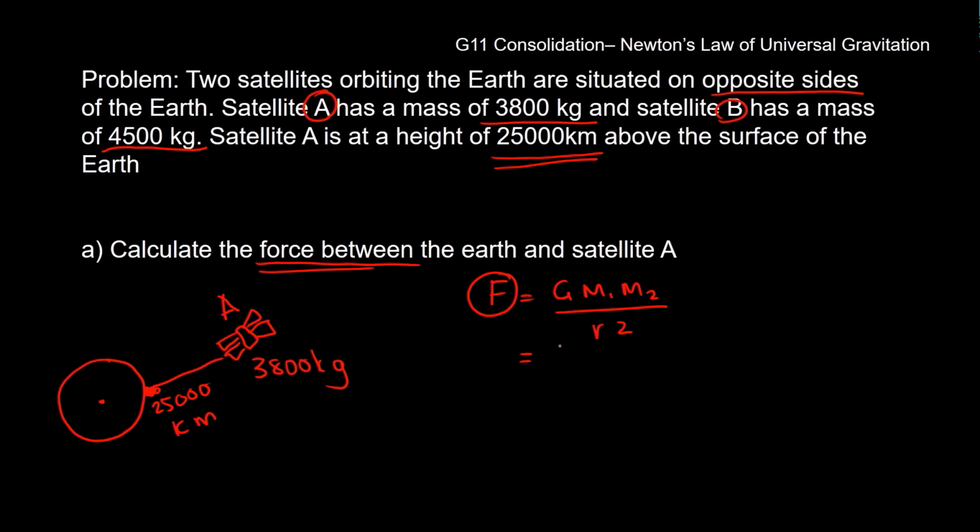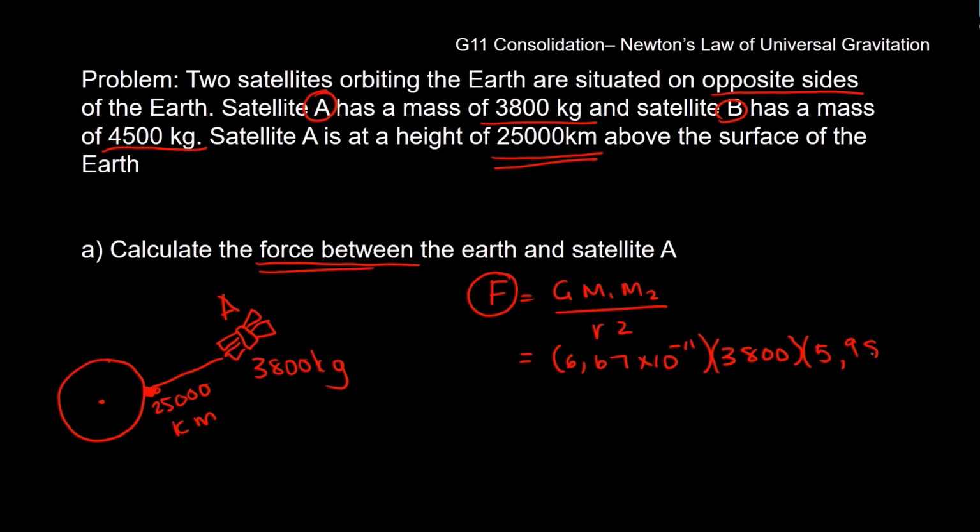Well, G is the constant, 6.67 times 10 to the minus 11. Do I have the mass of the satellite? I do. It is 3,800 kilograms. Do I have the mass of Earth? Yes, I can find the mass of Earth on my data sheet.